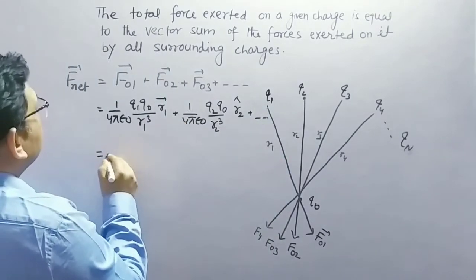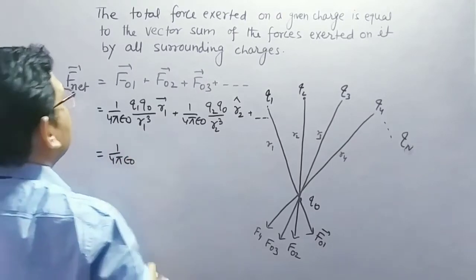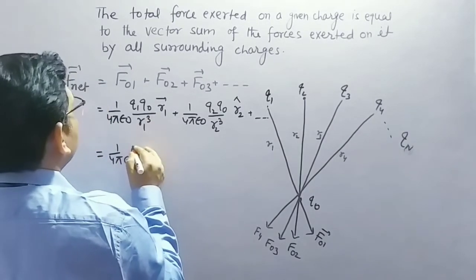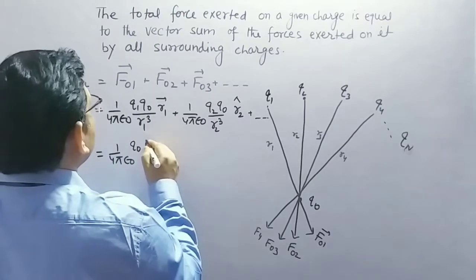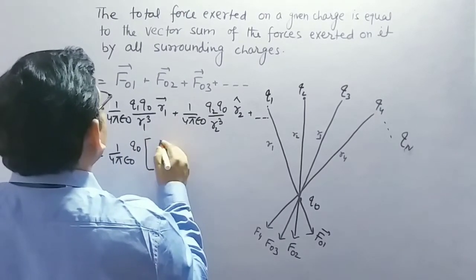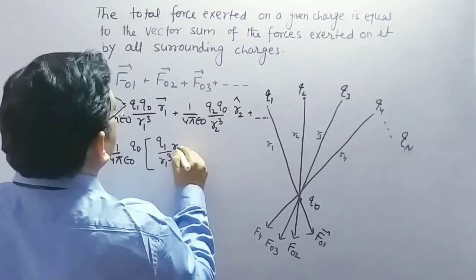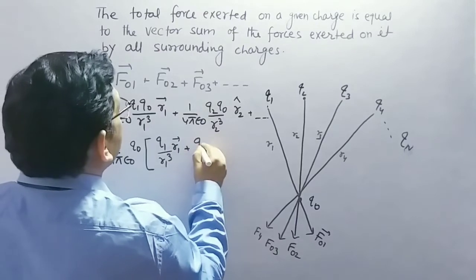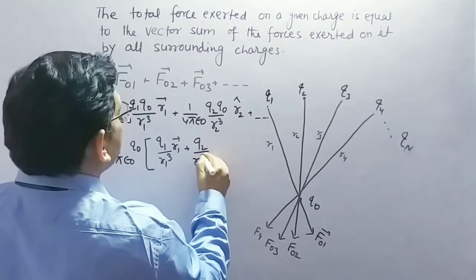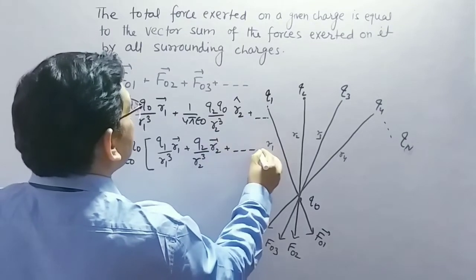Take the common terms 1 by 4 pi epsilon, Q0 is common. One can write Q1 by R1 cube vector R1, Q2 by R2 cube vector R2, and so on.